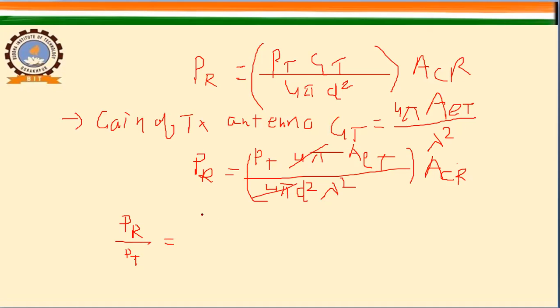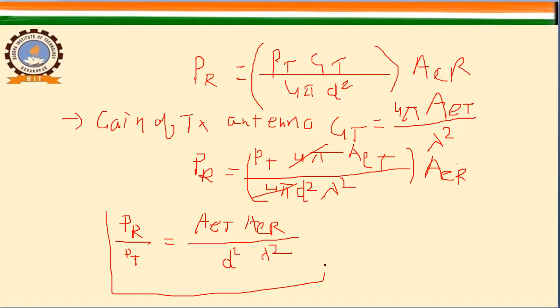So we have to write here A_eT and A_eR, the effective apertures of the transmitter and receiver, over the square of the separation distance between transmitter and receiver and the square of the wavelength. So we are getting this formula. Now see the gain of your antenna.